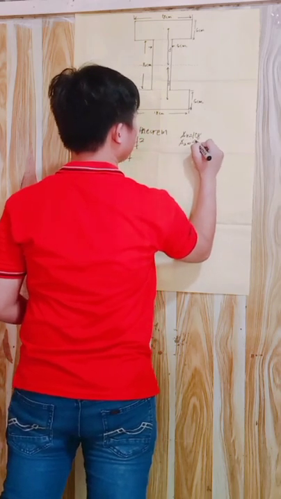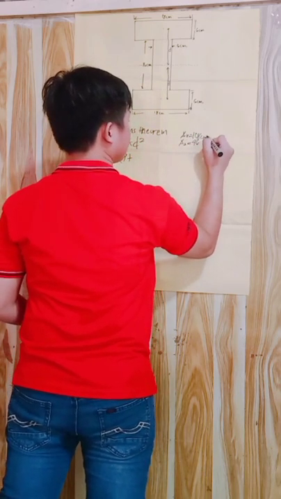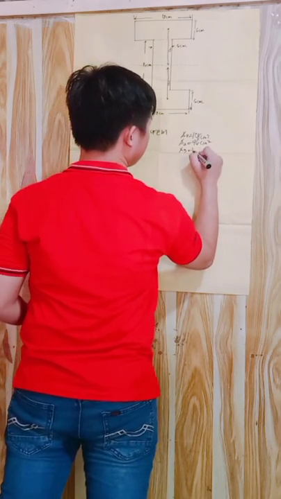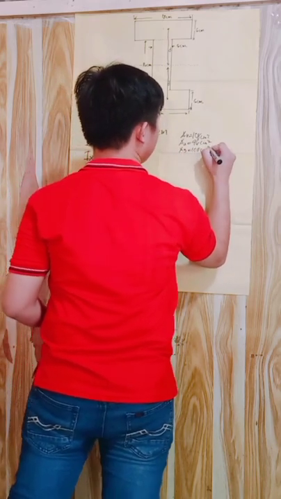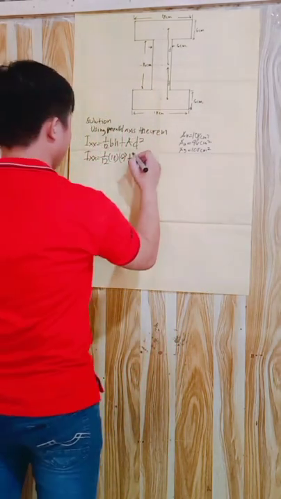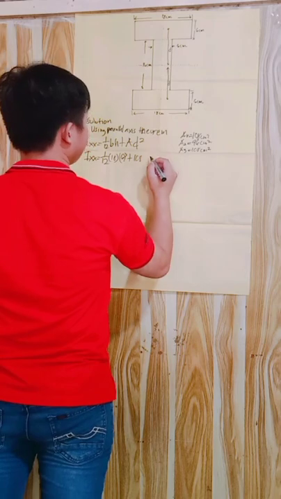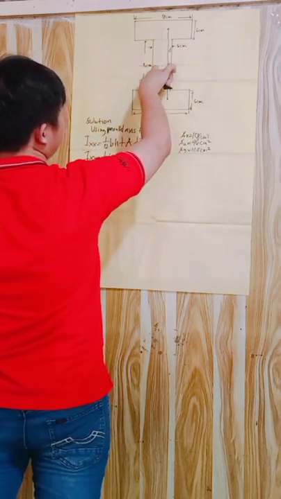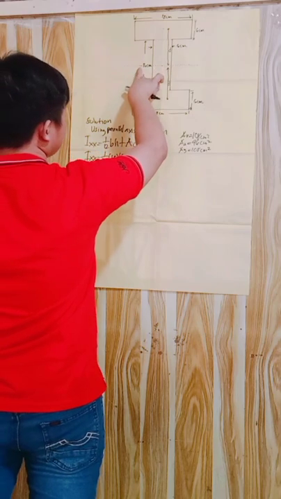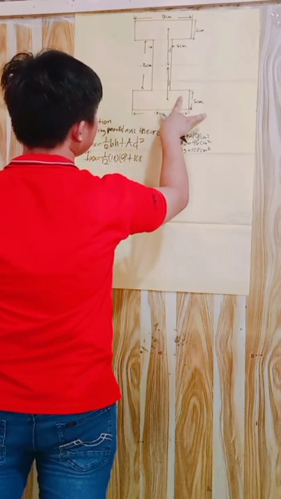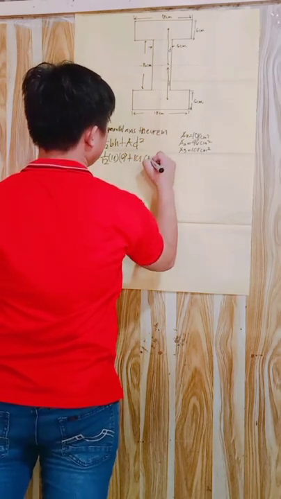Area 2 is equal to 96. Area 3 is equal to 108 centimeters squared. So 108 centimeters squared times the distance. So divide by 2 is 3, plus divide by 2 is 8. 8 plus 3 is equal to 11.